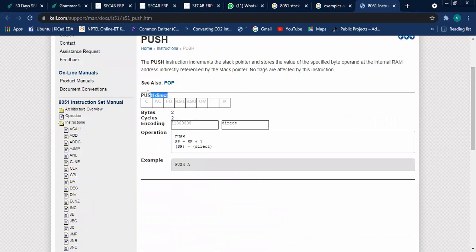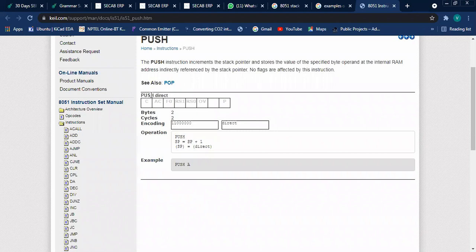Either I can push a direct value or I can push a register. For register A, I can write the name of the accumulator, but I cannot write the registers R0 to R7. Instead of R0 to R7, I have to write the address of that register.